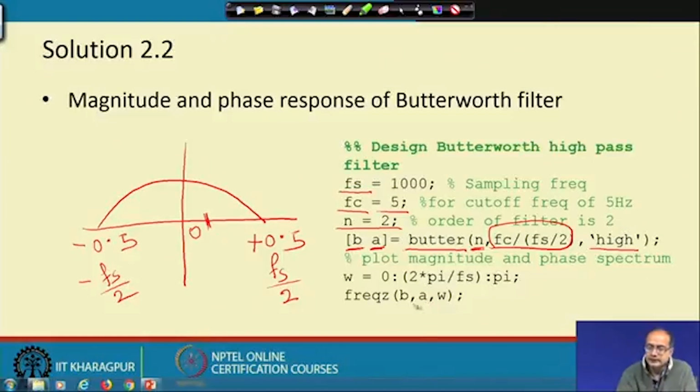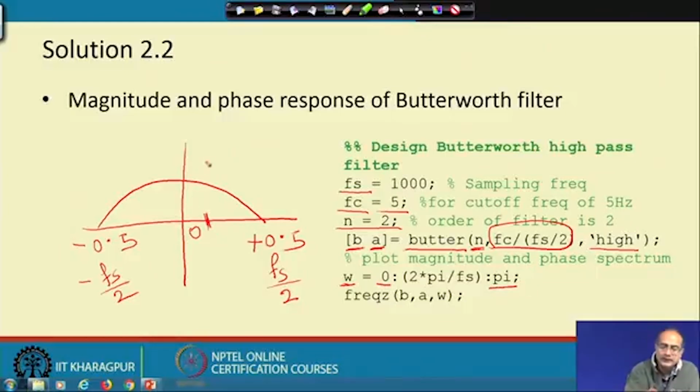And the next part is that we would like to see, with respect to that, here the w is actually a vector, or we can say omega, that here we have used w, starting from 0 to pi. Okay.